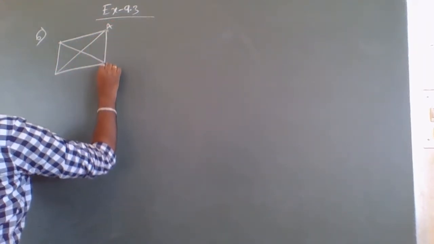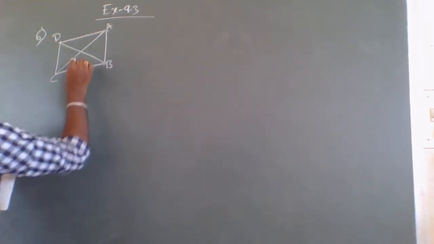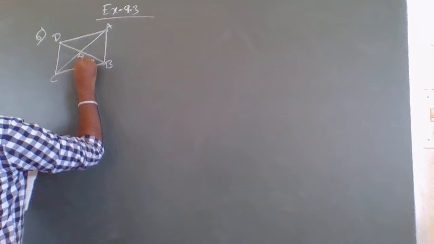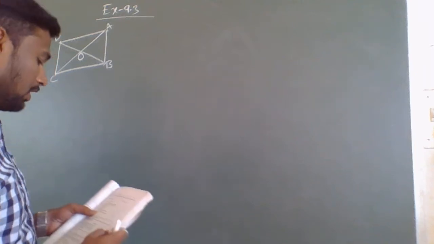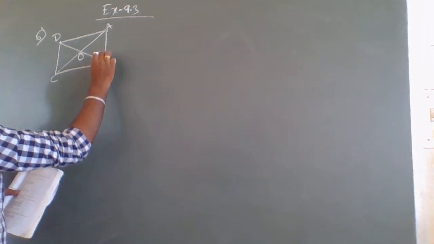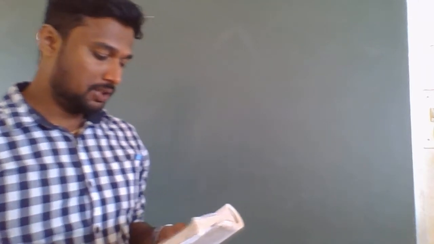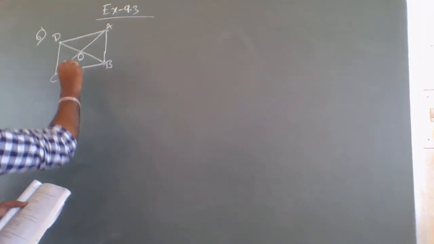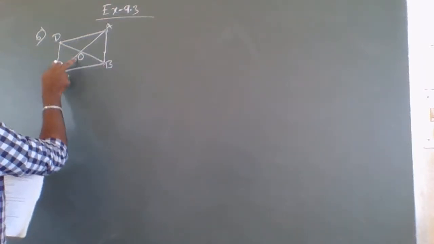This is quadrilateral ABCD, and this is the point O. They have given the diagonals AC and BD of quadrilateral ABCD, which intersect at O, such that OB equals OD.